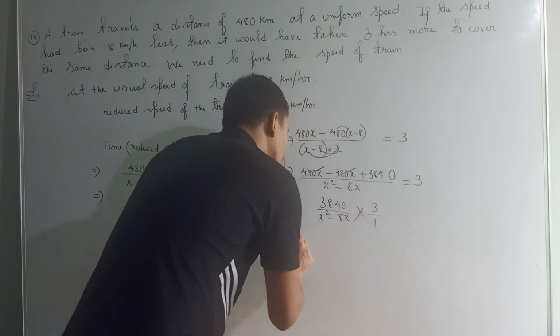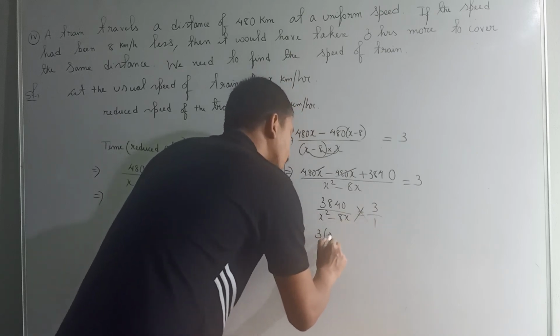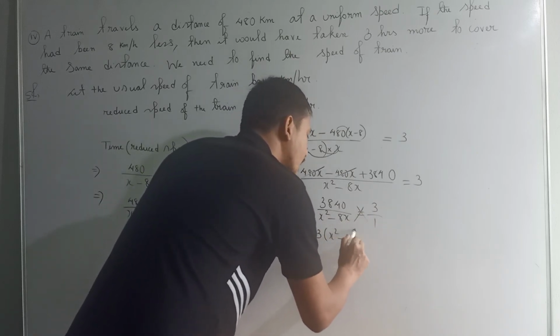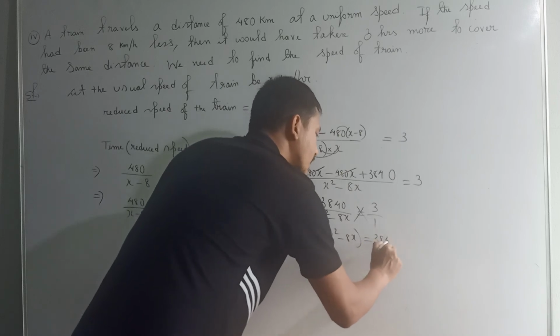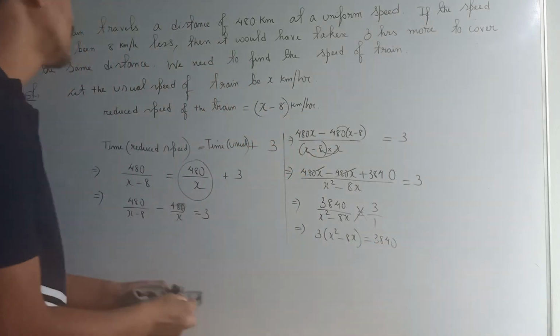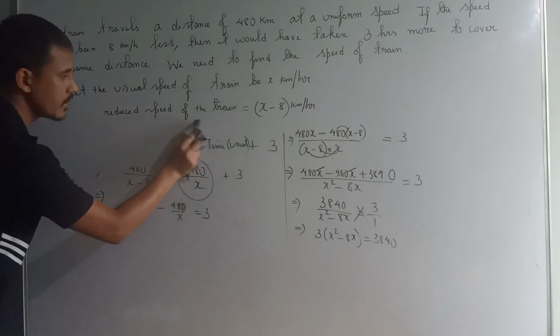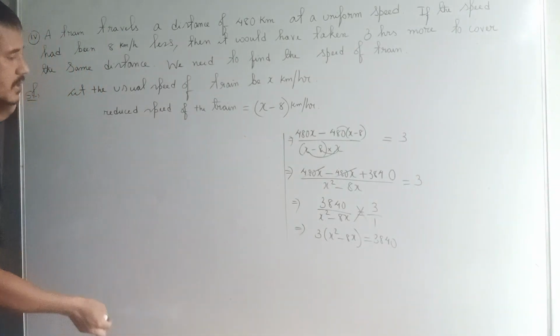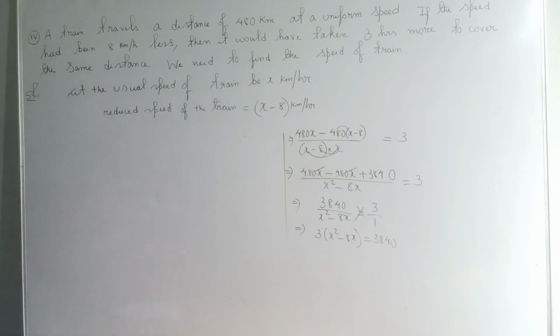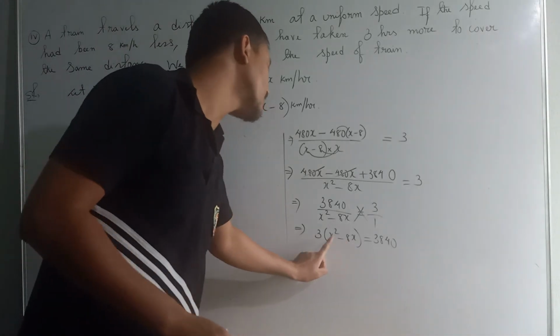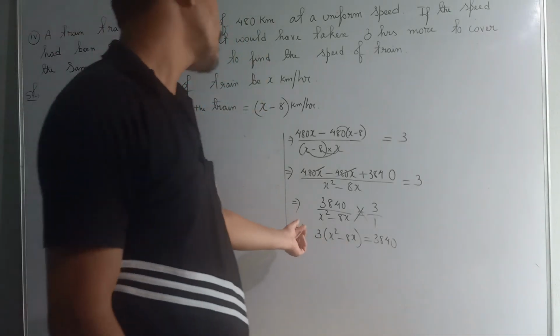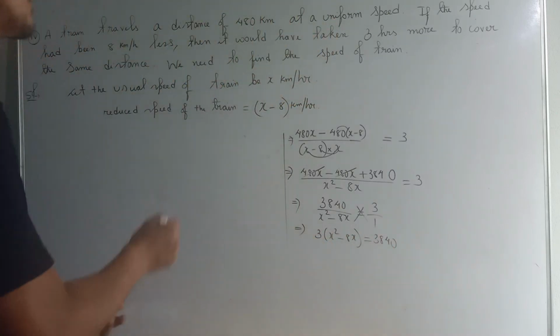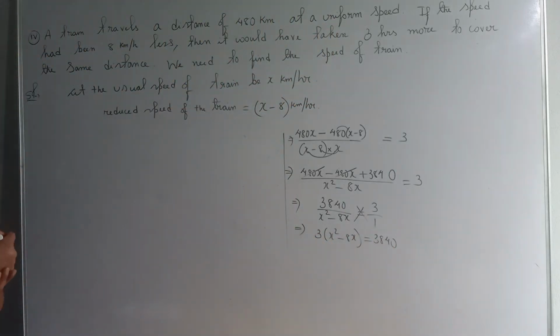So we can cross multiply. If we cross multiply, 3 times x square minus 8x is equal to 3840. To simplify further, instead of multiplying, I can transpose this 3 to the other side and divide 3840 by 3.